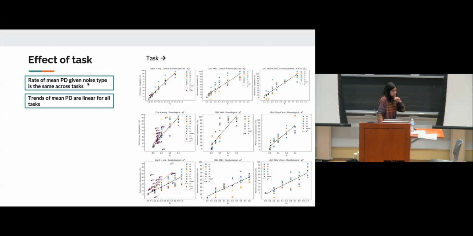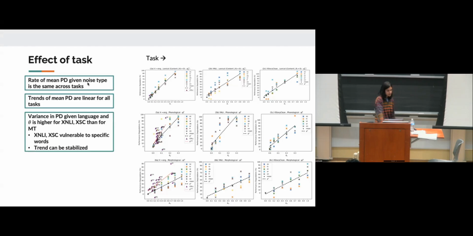We kind of see that these trends look similar across tasks, and also the trends are all roughly linear. The most interesting difference across tasks is that the variance in performance degradation given language and given data is much higher for the classification tasks than it is for MT.